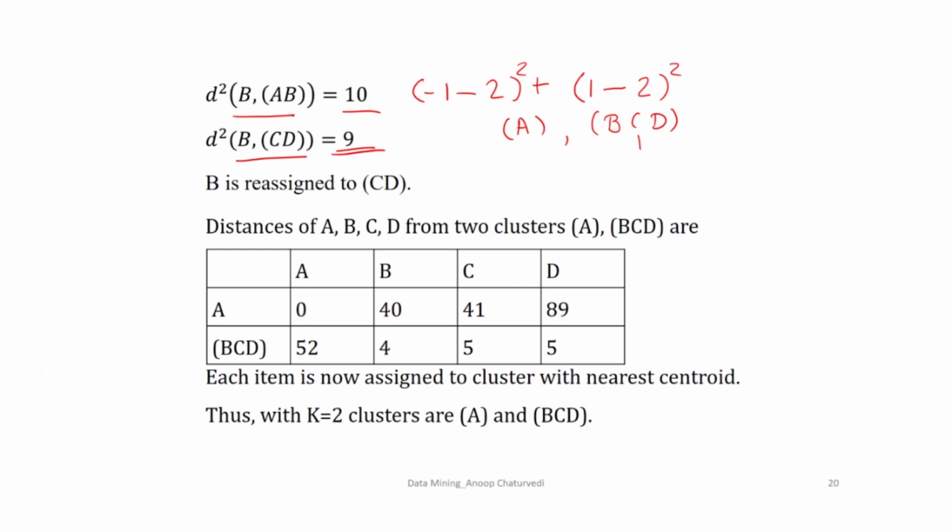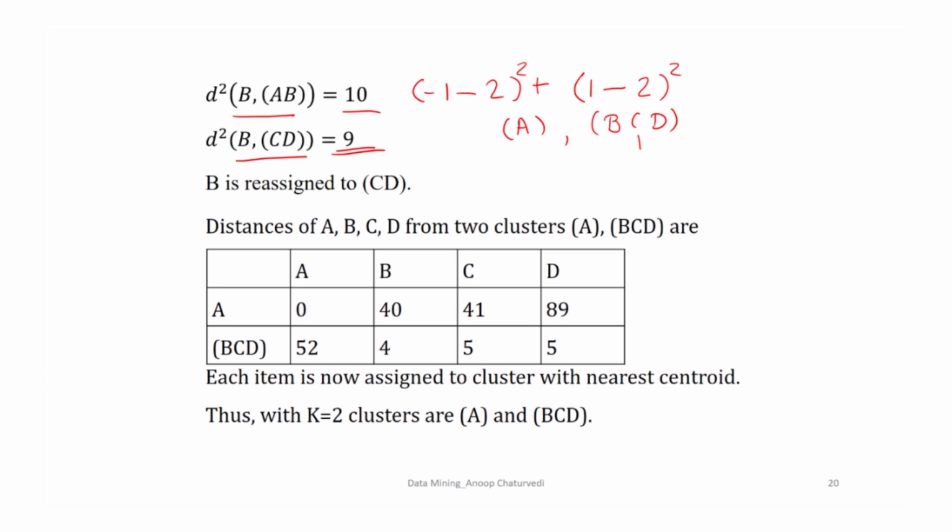The distance of A from A is obviously 0, the distance of A from B is 40, distance of A from C is 41 and distance of A from D is 89. Whereas, the distance of A from BCD is 52, distance of B from BCD is 4, distance of C from BCD is 5 and the distance of D from BCD is 5.